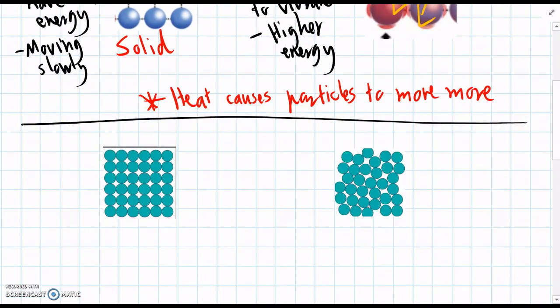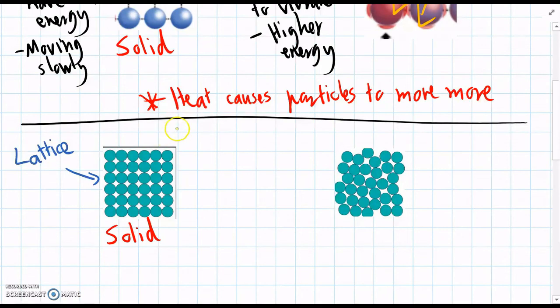So how is that related to changing the states of matter, which we've looked at earlier? Well, what happens is, when we start with a solid, we remember that all the particles are arranged nice and neatly in a lattice structure, in rows and columns going on forever.